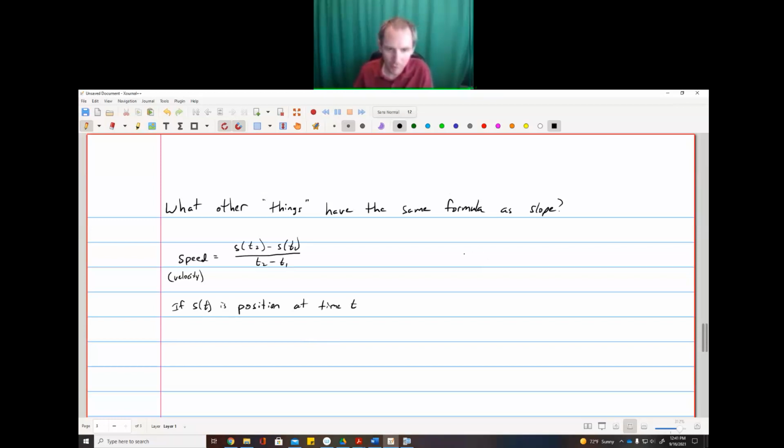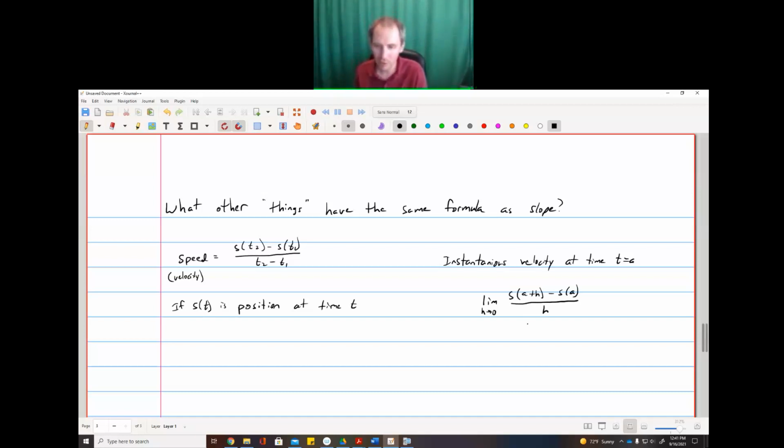So if I said instantaneous velocity at time t equals a, then that would be the limit as h goes to 0 of s of a plus h minus s of a all over h, okay?